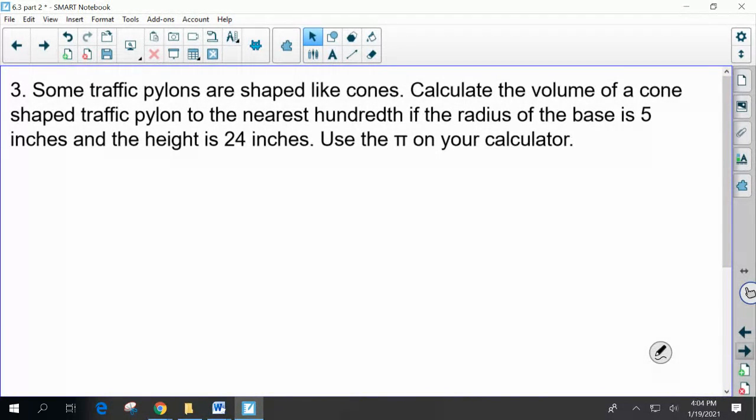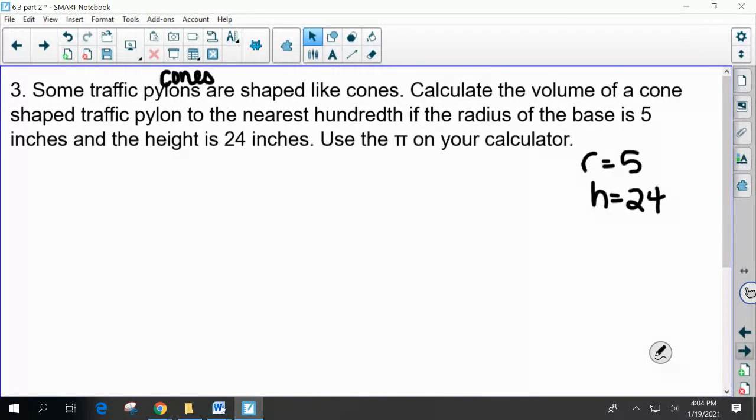Number 3, some traffic pylons, also known as traffic cones, are shaped like cones. Calculate the volume of a cone to the nearest hundredth if the radius of the base is 5 and the height is 24. Use the pi button on your calculator.